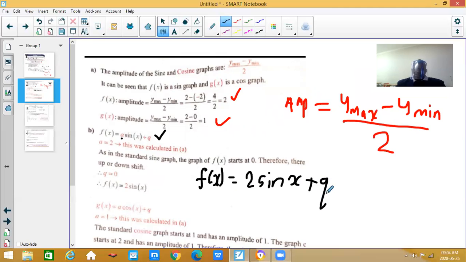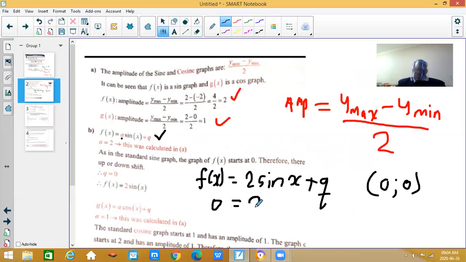We want to find the value of q, but we notice that this one is passing through the coordinates 0, 0, because generally the equation of sine normally passes through 0, 0. You take this one and substitute here, so that f(x), that is the y value, gives us 0.